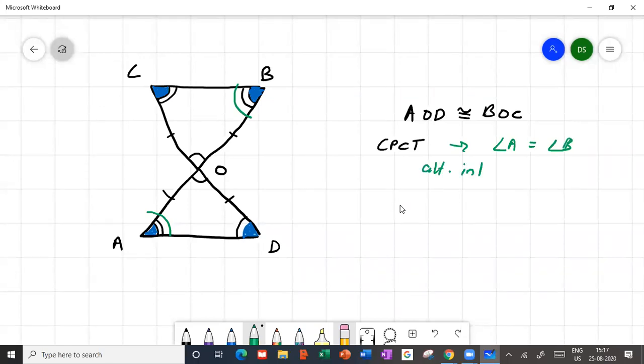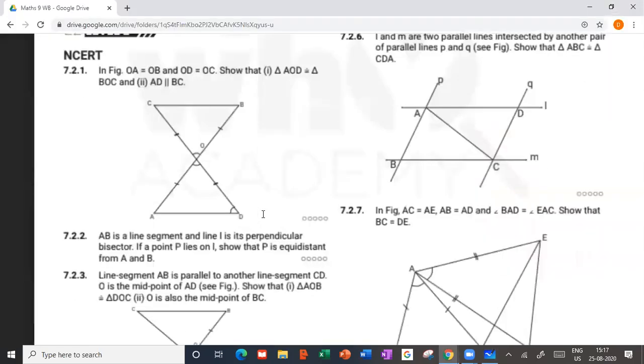This is the second part. Therefore, AD is parallel to BC. Done. Okay, let's see the next question.